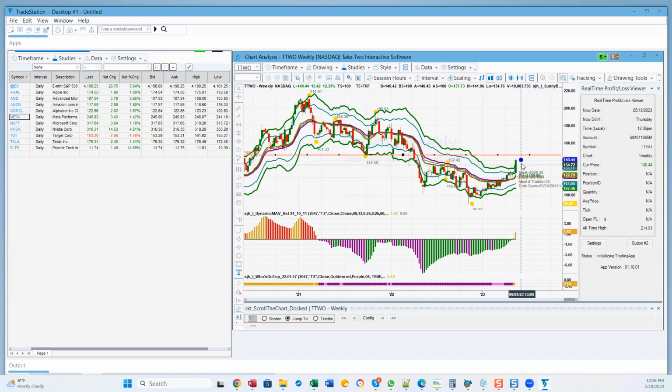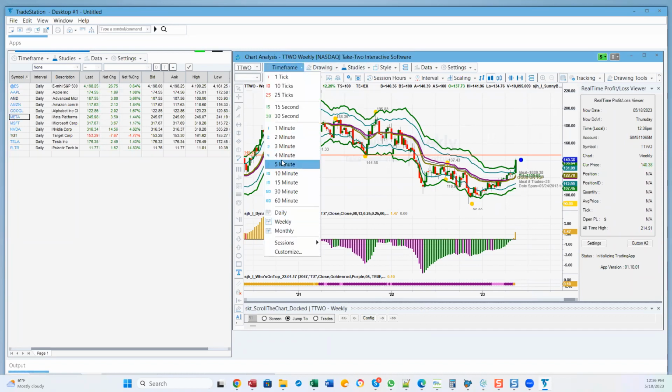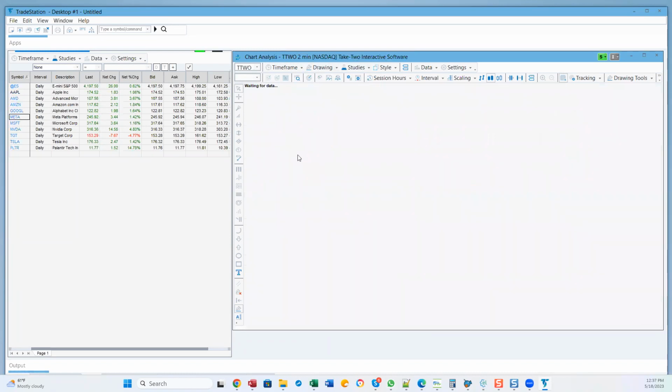See this blue dot that I've got on here? I told you I like to make my life easy as a trader. I don't want to be thinking about anything while I'm actually trying to place trades except just execution and direction. So this blue dot tells me that the last price was up and it shows me the exact tick. So the current price is right exactly at that blue dot. If I go like this and I go back to here, let's go to a 2-minute chart. What the heck?